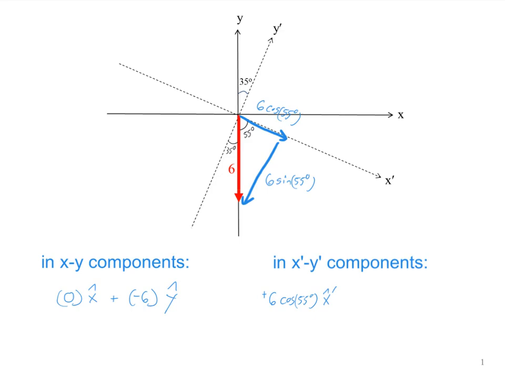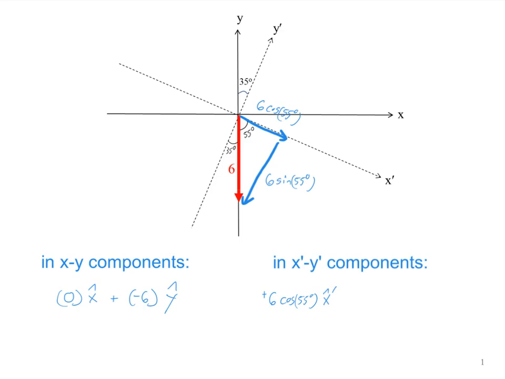Again, the way I'm getting that is I'm looking at this arrow. The length of it is 6 cosine 55, and I look at the direction of that arrow, and it's pointing along the x prime axis. So it's pointing in the positive x hat prime direction.